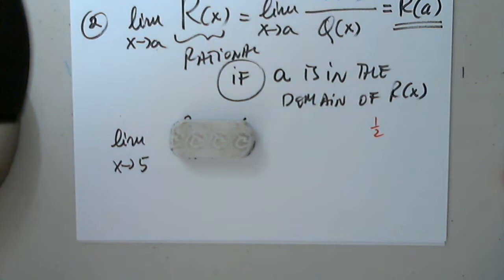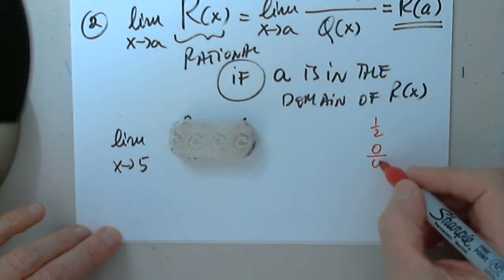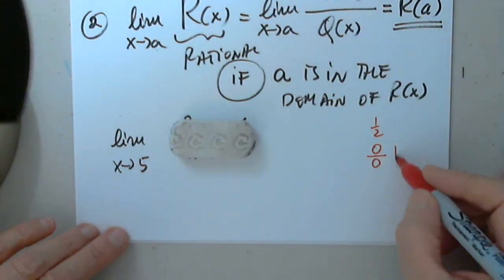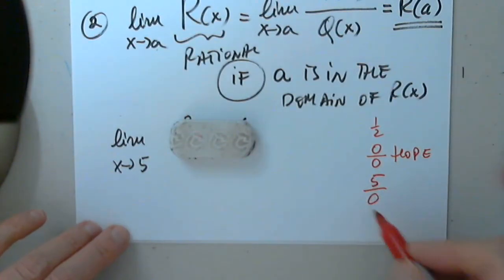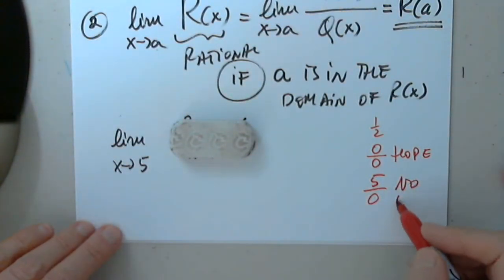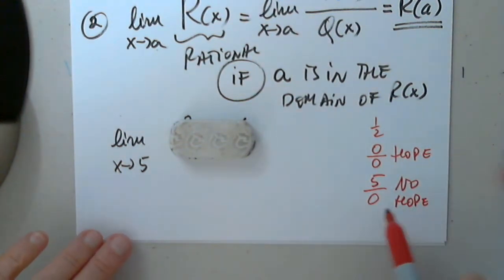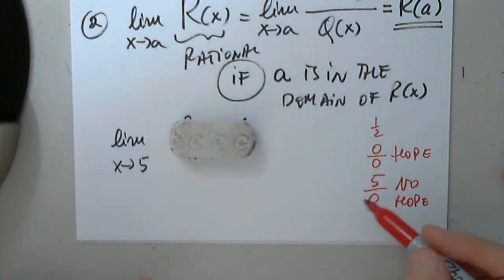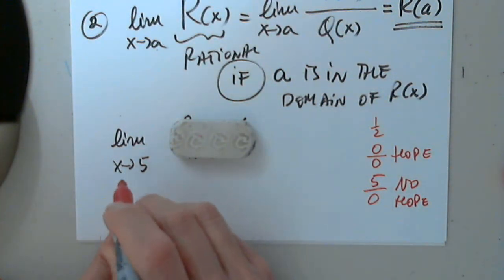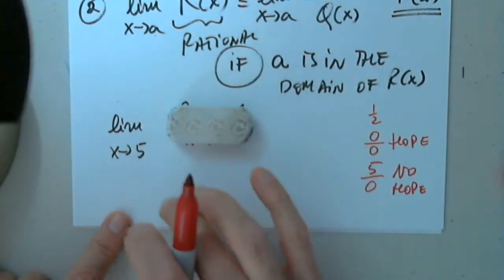If it is a number, I'm done. That's the answer. If it is 0 over 0, then I know there is hope. If it is 5 over 0, I know there is no hope. The limit will not exist. But because x approaches 5 from either side, I have to determine the limit from the left and the limit from the right. So let me say this one more time.